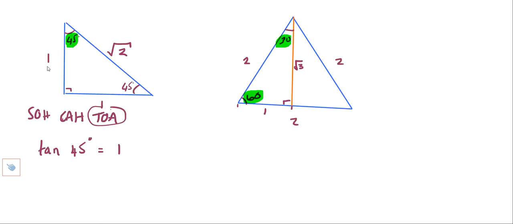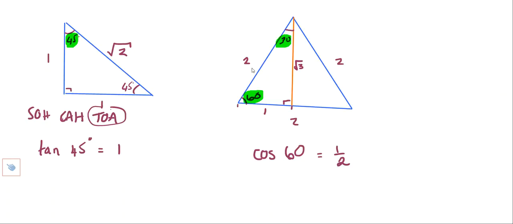For that triangle, is cos of 60 0.5? Yes, 1 over 2. Understand why? Because cos is adjacent over hypotenuse. What's the adjacent to the 60 degree? 1.